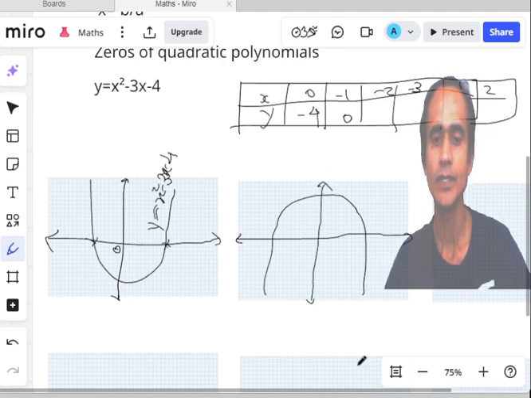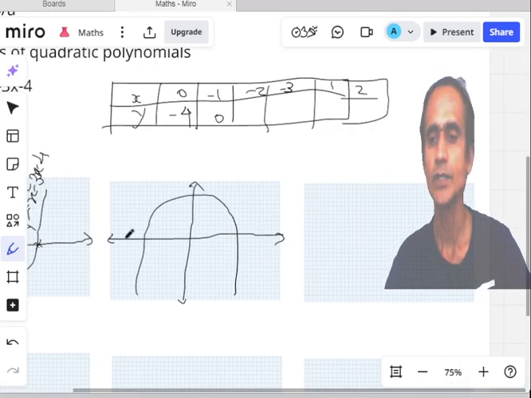So what are the different possibilities? So here it meets in point 1 and in point 2. So for this quadratic equation we again have two zeros.